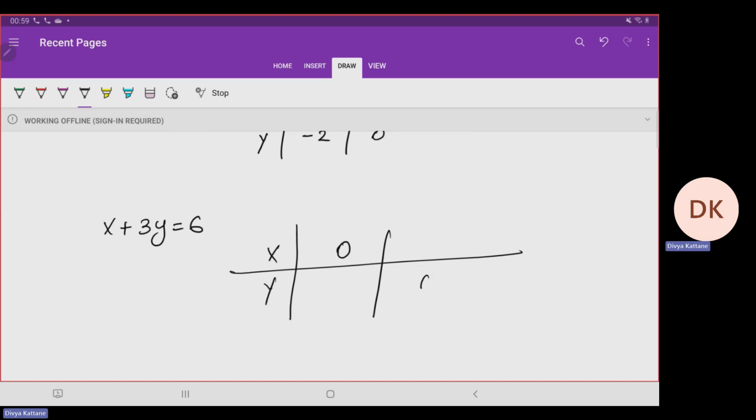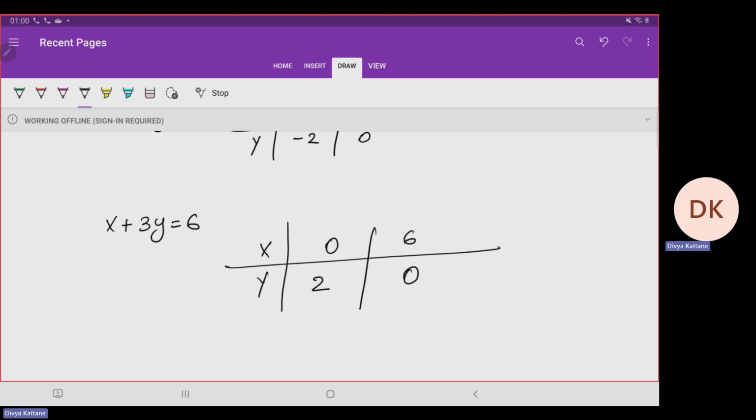These are linear equations. When you change x with 0, you get 3y equal to 6, or y equal to 6 by 3, which is 2. When you change y with 0, you get x equal to 6. So you got the three lines.